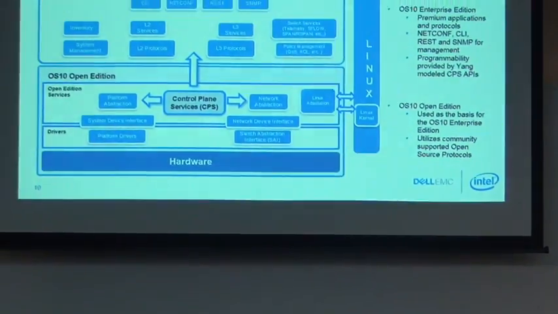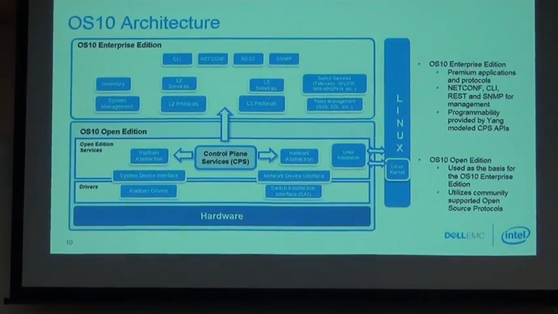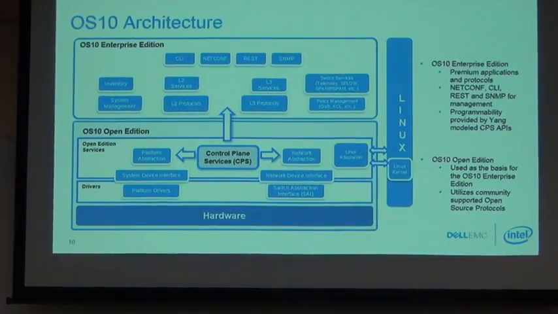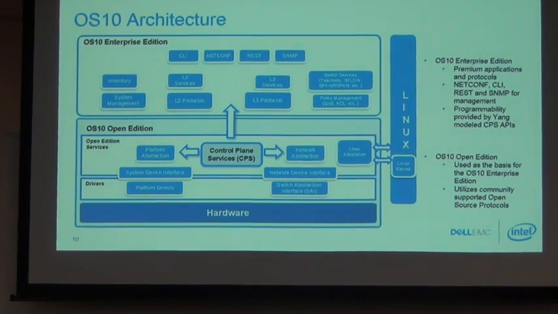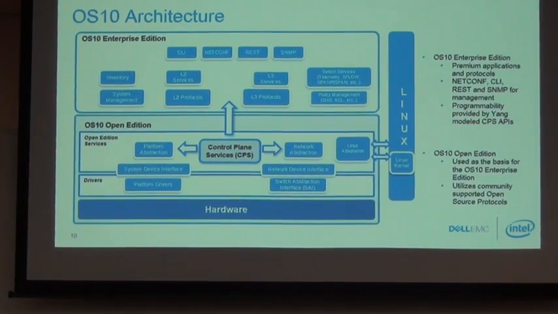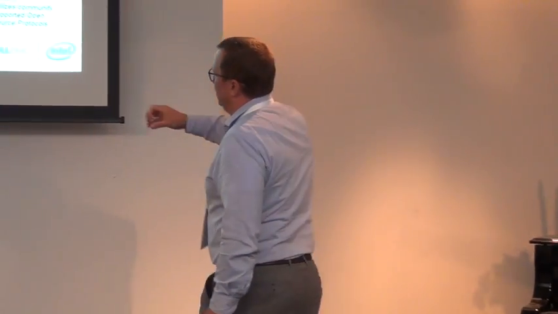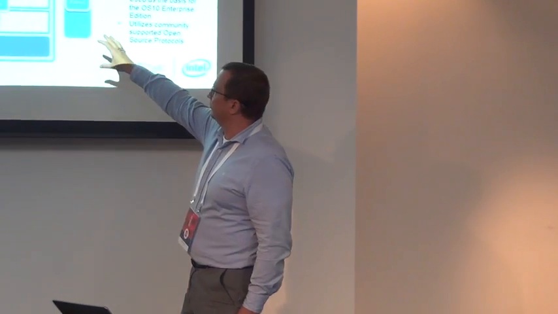For us, it is the kernel, which is part of the Open Edition, and we've identified actually 3 abstraction layers in order to achieve the flexibility we've just been talking about. The first one is the Linux adaptation layer, which basically gives me full access to the Linux kernel.